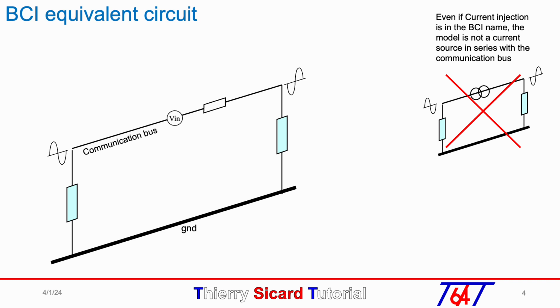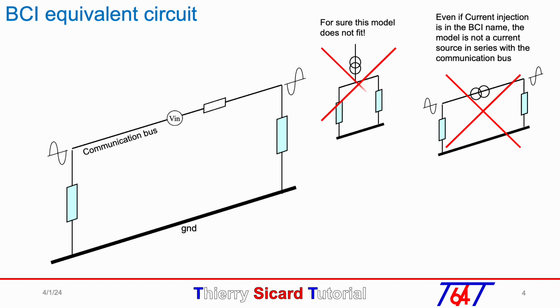So they imagine that a current source is set in series with the communication bus, but based on the transformer knowledge, we know that the source in series with the bus is a voltage source forcing a voltage and not a current. I also saw people who believe the current source was injecting on both resistance terminations in parallel.